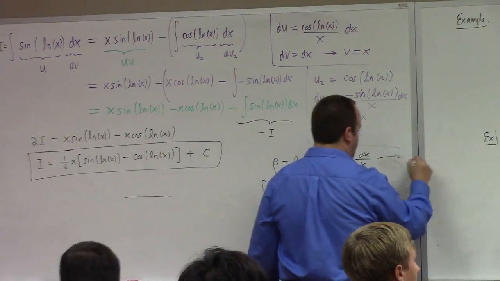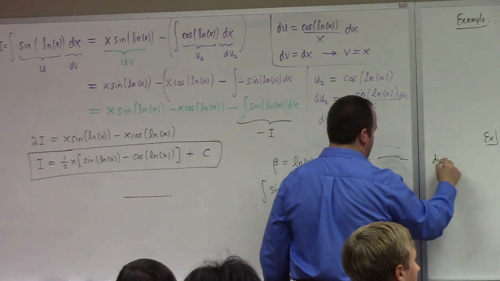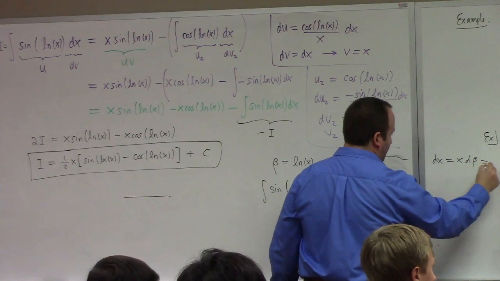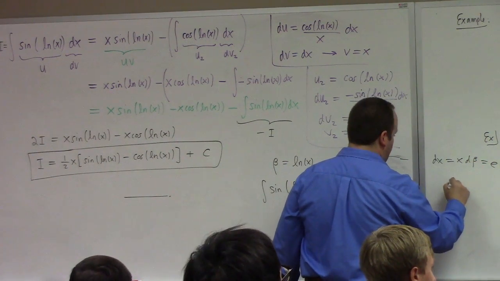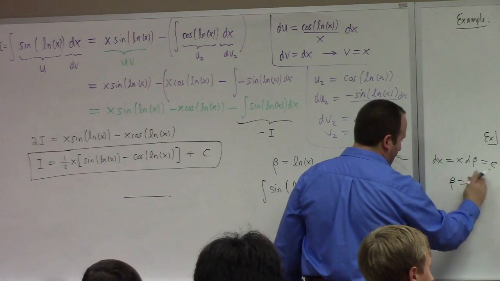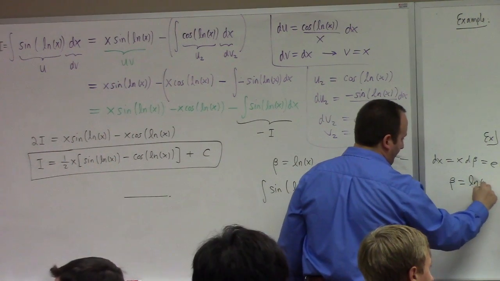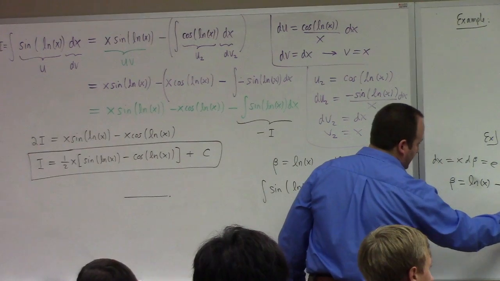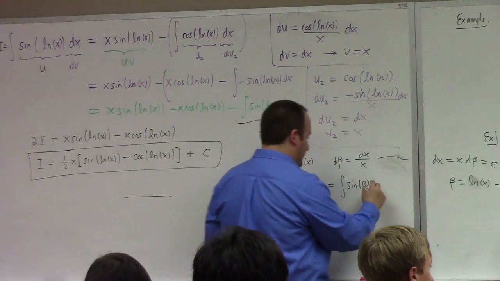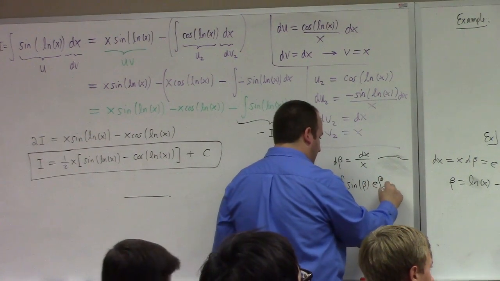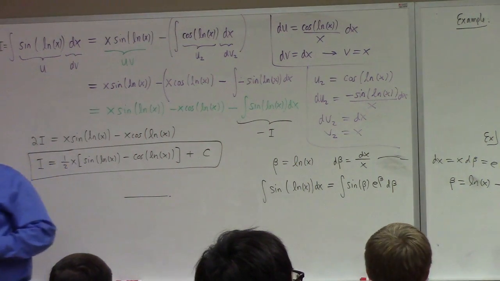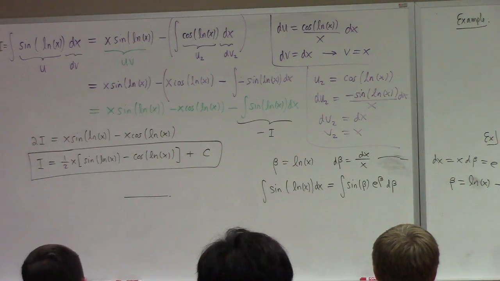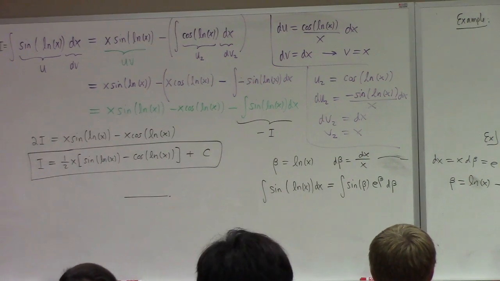I see what you're doing. Just a second here. So dx is equal to x d beta, but that's equal to e to the beta d beta because beta equals log x tells me that x is equal to e to the beta. So this is really sine beta, e to the beta, d beta. Right. These are the same problems. Very good. That's why this phenomenon happened again.